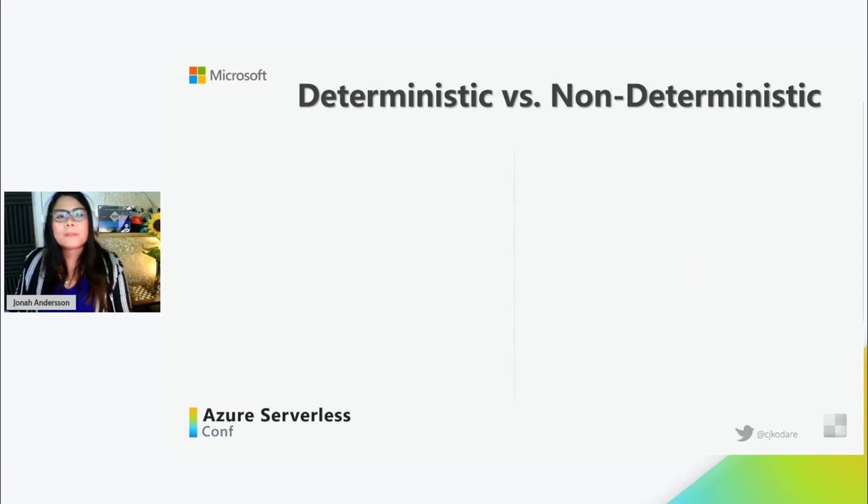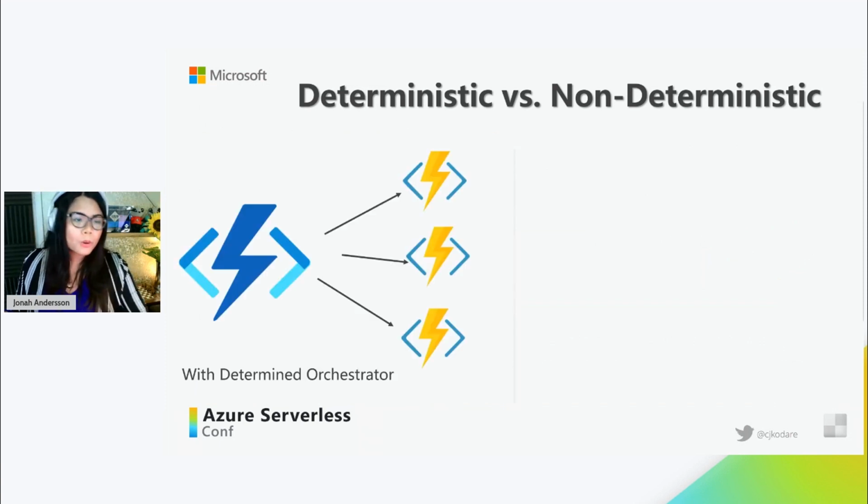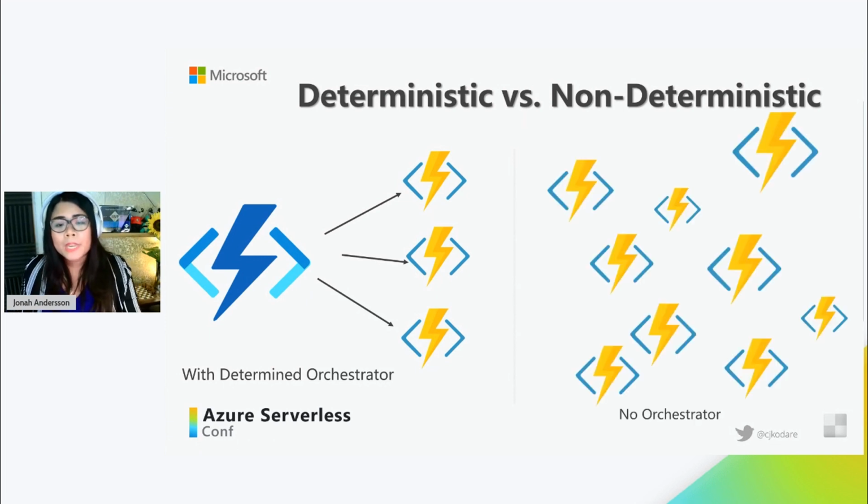And here is an example of deterministic versus non-deterministic. So here on the left, we have durable functions with a deterministic orchestrator, which has a workflow for all its activity functions. And then on the right, we have an isolated group of Azure functions that has no orchestrator.